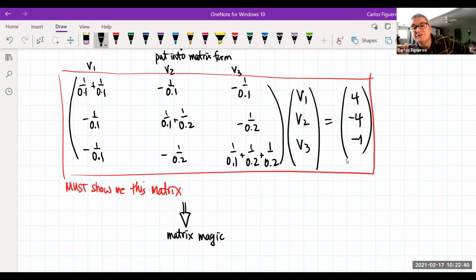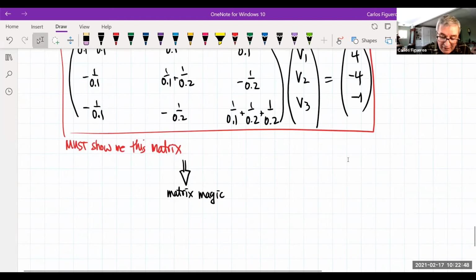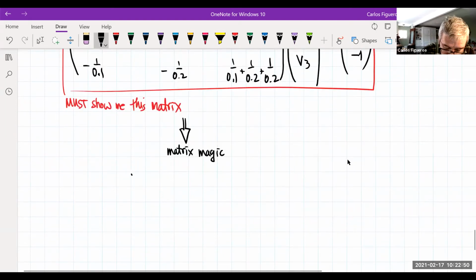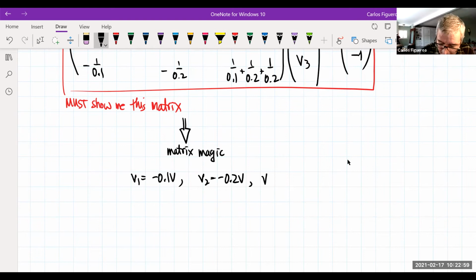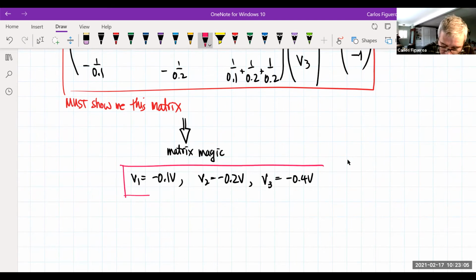You punch this into your calculator, or whatever it is that you're going to use for matrix calculations, and then you get values for them. So then you tell me what these node voltages are. Your job is to give me the matrix and just spit out the answer.